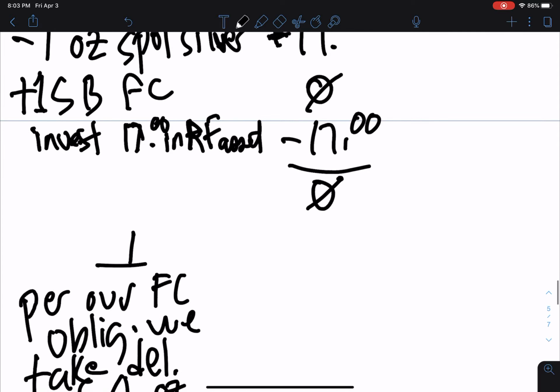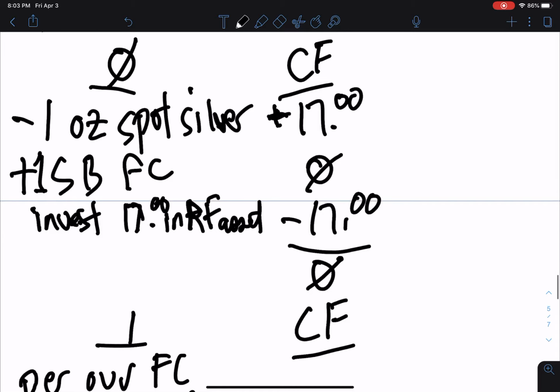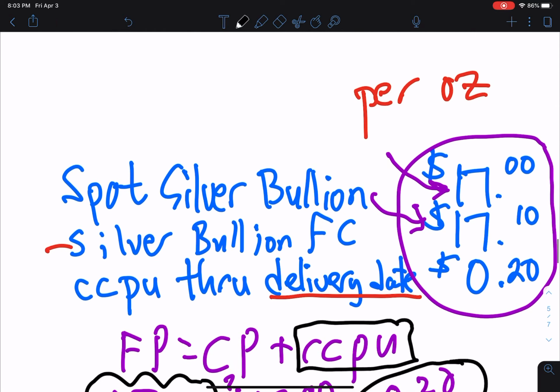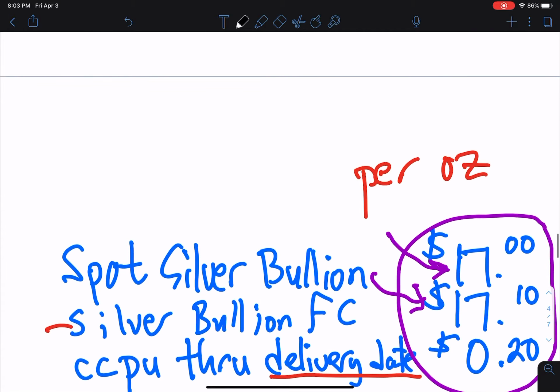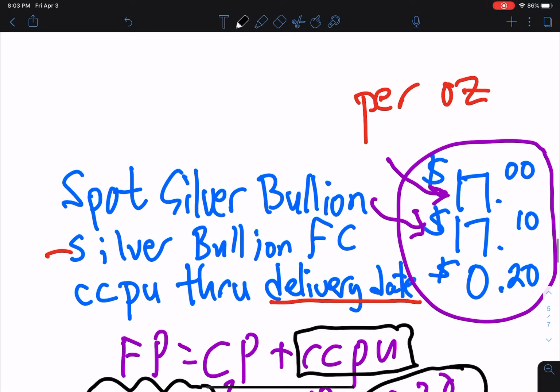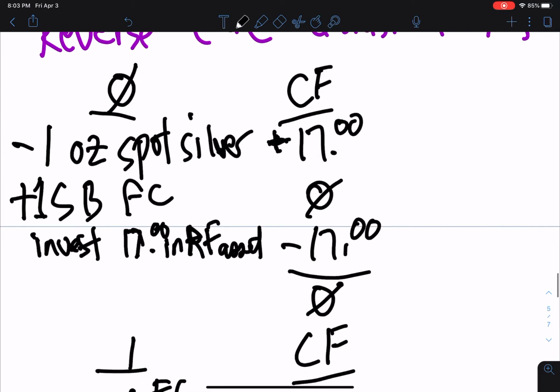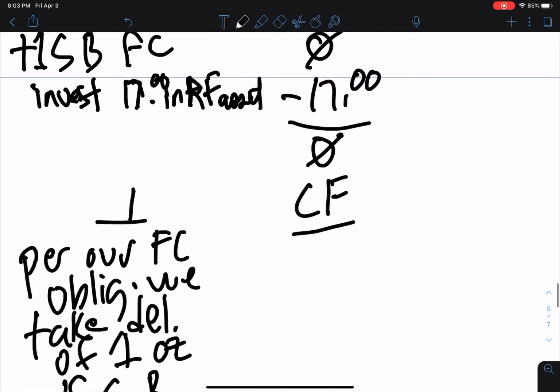And what's the cash flow associated with that at date 1? Well, the price we locked in was $17.10. It's the price we locked in because we went long it. And so we are going to then have to pay $17.10.